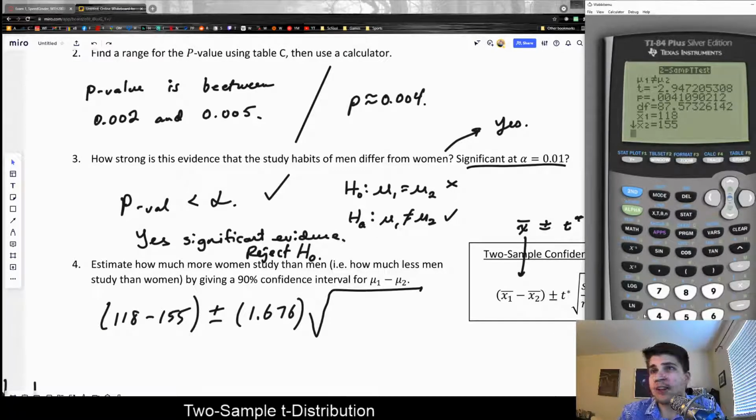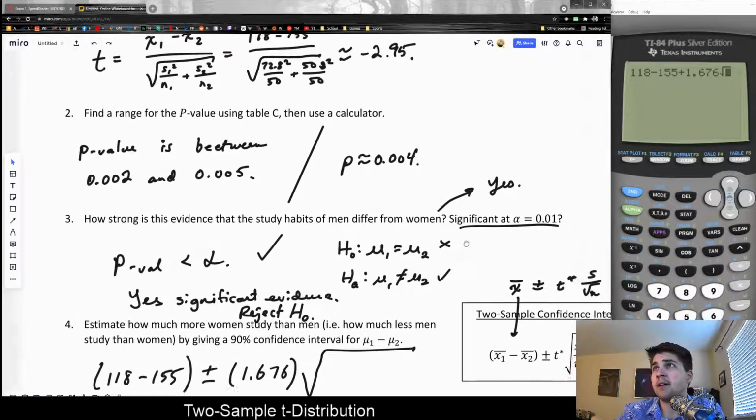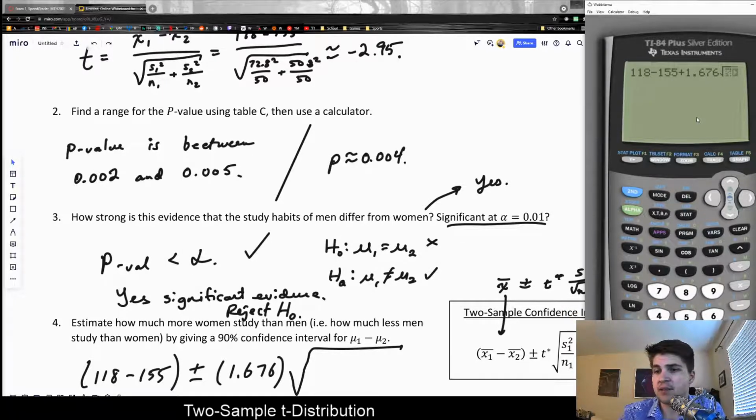So let's go ahead and find the upper end of our confidence level. So we have 118 minus 155 plus 1.676 multiplied by the square root of all that stuff. And that would be 72.8 squared divided by 50 plus 50.8 squared divided by 50.